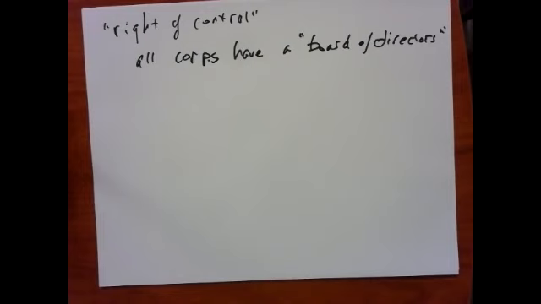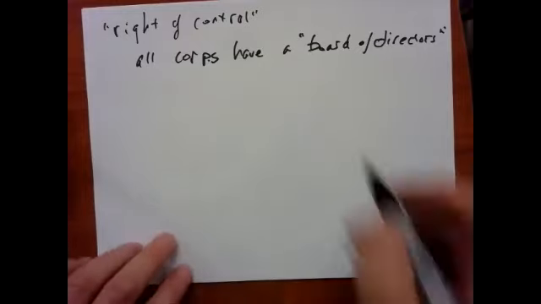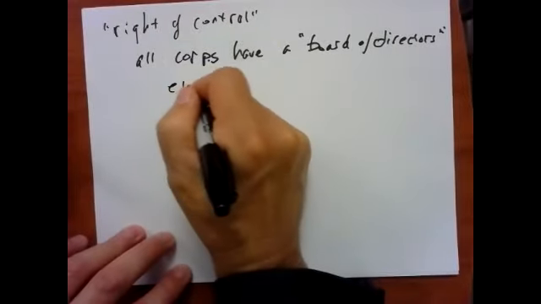So what corporations do is they establish a board of directors. The board of directors is elected by the shareholders.